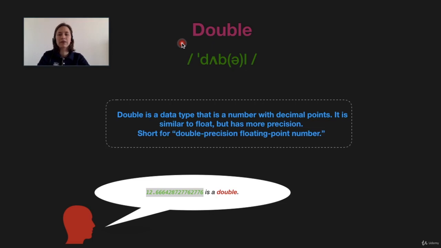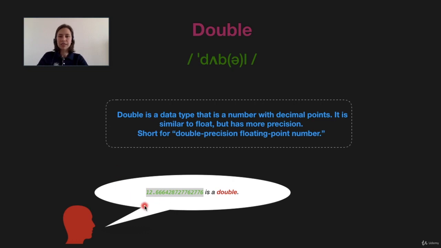Double. Double is a data type that is a number with decimal points. It is similar to float, but has more precision, is more accurate. It is short for double precision floating point number.